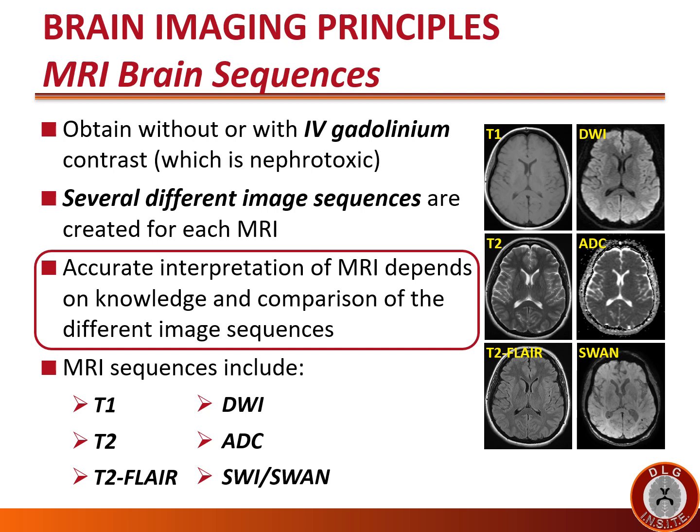When ordering an MRI, the patient will have multiple different image sequences, and accurate interpretation of the MRI depends on knowledge and comparison of the different image sequences. The most commonly used sequences are T1 weighted image, T2 weighted image, T2 FLAIR, DWI, also known as diffusion weighted imaging, ADC, or apparent diffusion coefficient, and SWI, or SWAN images.